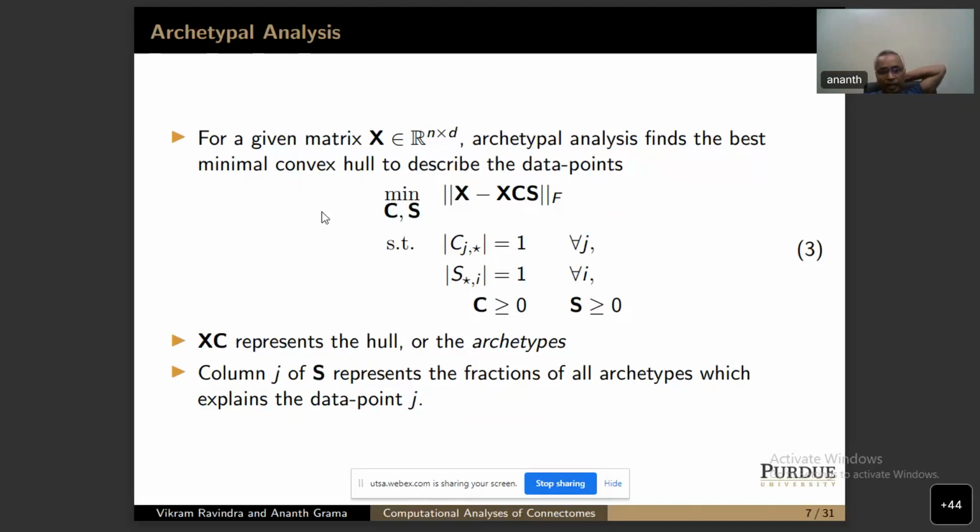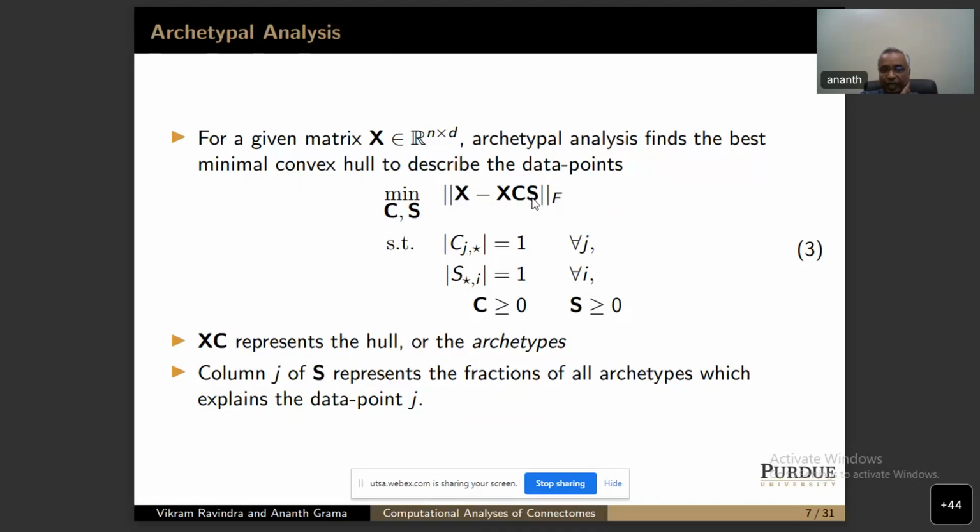So once again, mathematically, the optimization procedure is as follows. You minimize over matrices C and S such that X minus this product of 3 matrices, X times C times S, in the Frobenius norm is minimized. As I mentioned here, there are 2 convex combinations. The archetypes themselves are convex combinations of data points, and the data points are convex combinations of the archetypes.